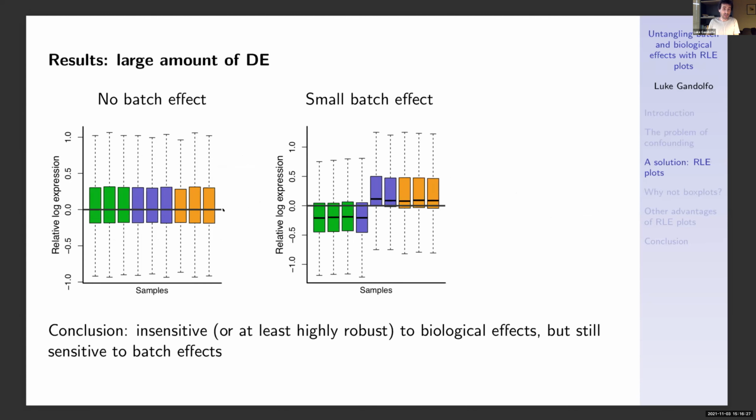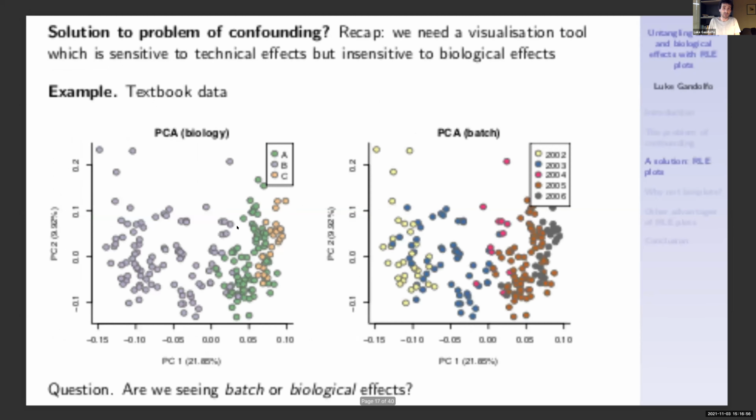The boxes are centered on 0 and roughly the same size, which indicates that it's basically ignoring the large amount of biology that's in the mix here. But when we insert a small batch effect again, it stands out like a sore thumb, despite the fact that there's a huge amount of biology here. So it seems that RLE plots are insensitive to biological effects, but still sensitive to batch effects in the presence of a large amount of biology.